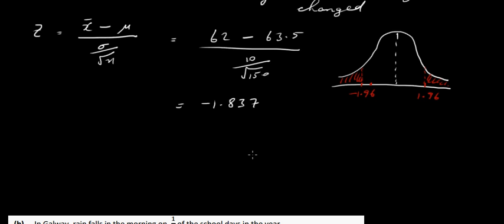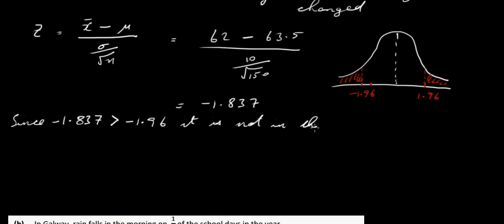hypothesis. So just to write that out, to actually answer the question we're asked, we would say something like: since minus 1.837 is greater than minus 1.96, so it's on the right hand side of minus 1.96, it is not in the critical region.